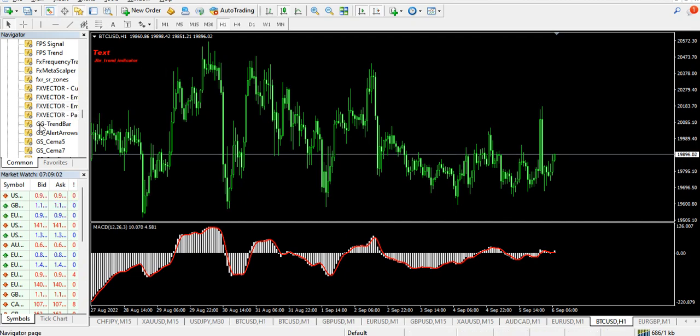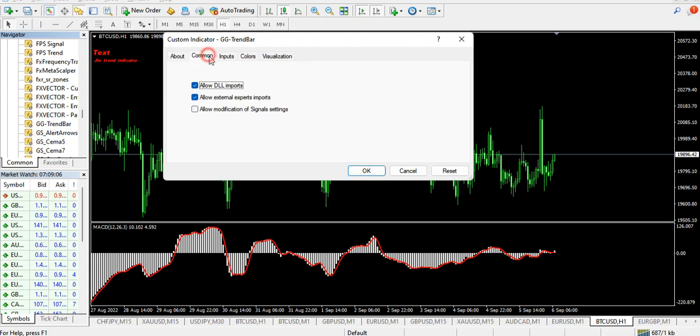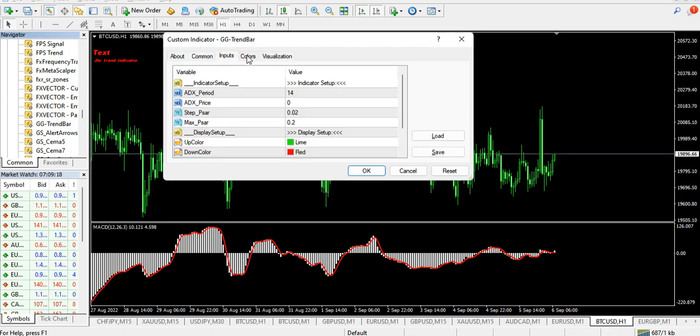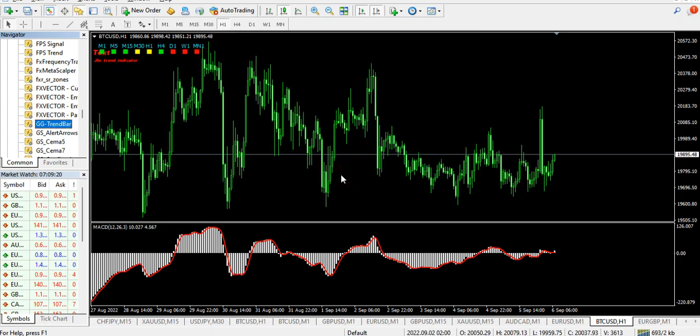We bring this indicator GG trend bar to our chart, Bitcoin to USD, and in the common part you tick allow DLL imports, and also allow external expert imports. You should check them, and don't touch the others, and okay. You will see several squares at the top, and we are on the 1-hour time frame.